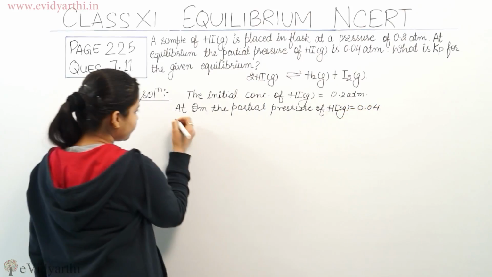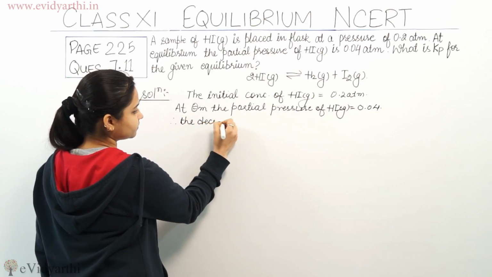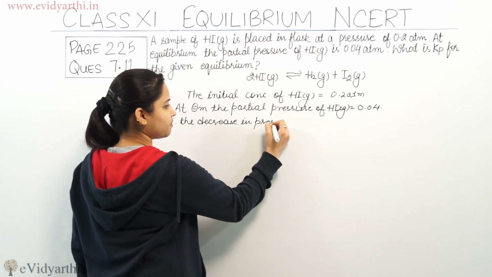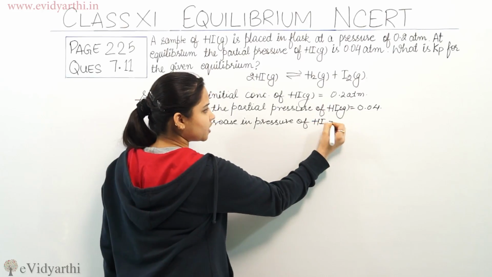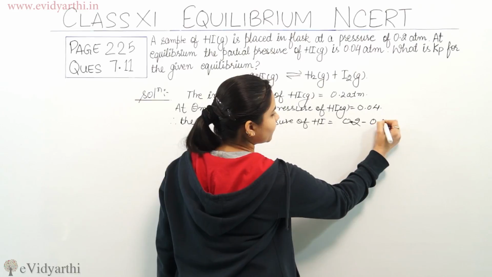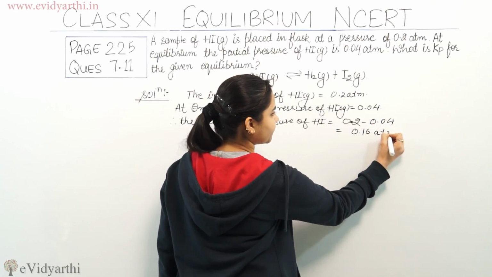Okay? Therefore, the decrease in pressure of HI is equal to 0.2 minus 0.04, which is equal to 0.16 atm.